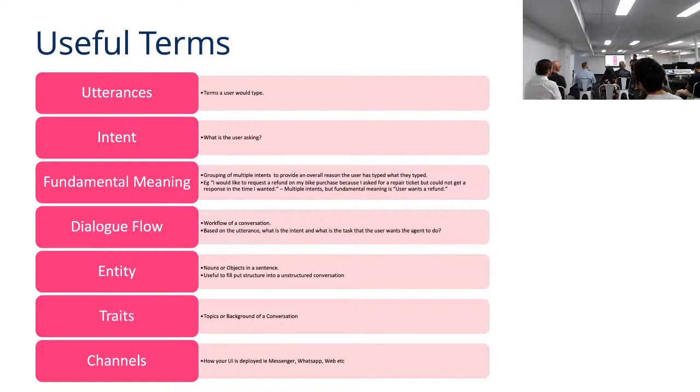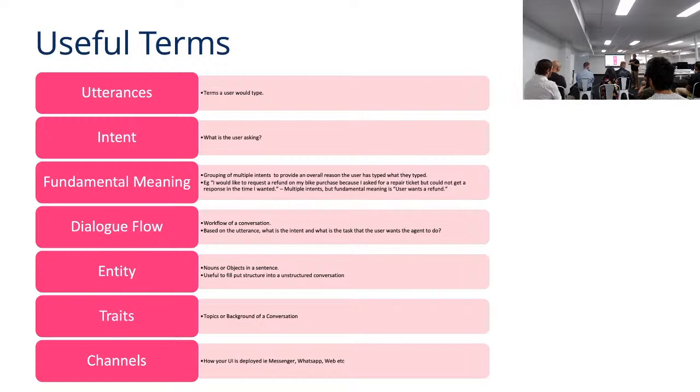Entities. You'll hear a lot about entities. Entities break down the nouns or objects in a sentence. I want to lodge a claim for my car. Lodge is the verb, claim is the entity, and car. So the machine will pull out those.